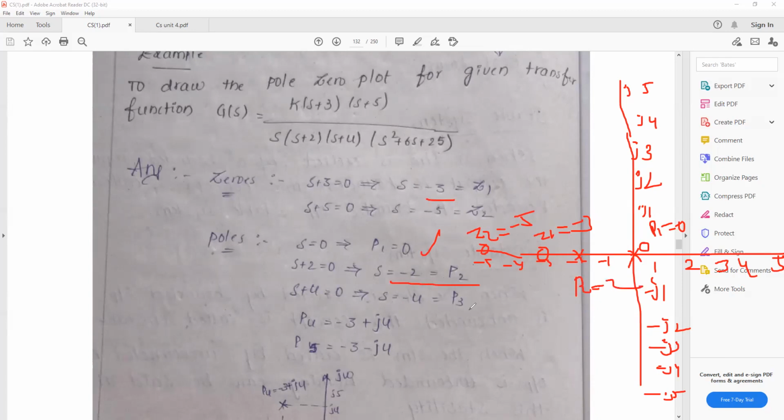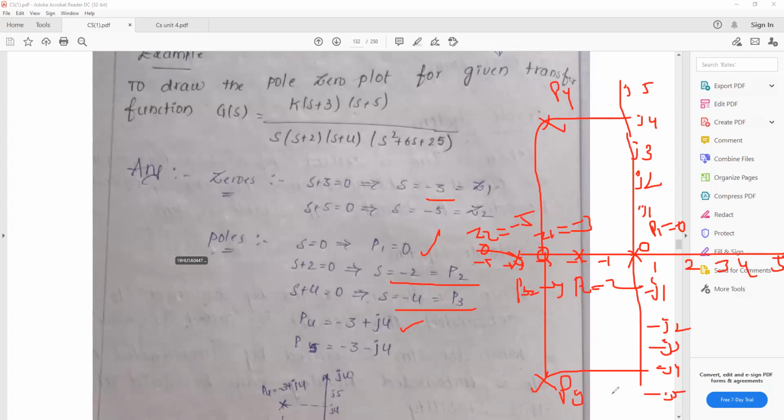The third pole is -4, pole 3 is equal to -4. The fourth one, -3 on the real axis plus j4 on the imaginary axis, so pole 4 is -3 plus j4. And -3 on the real axis, minus j4 on the negative imaginary axis, so pole 5 is equal to -3 minus j4.